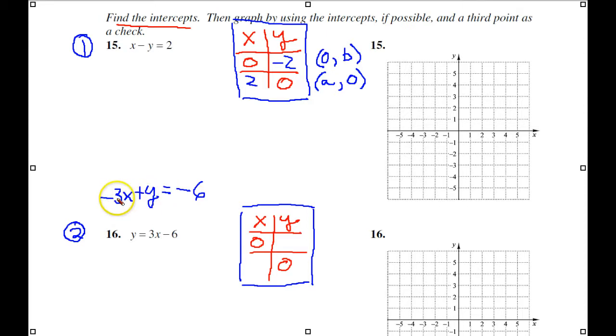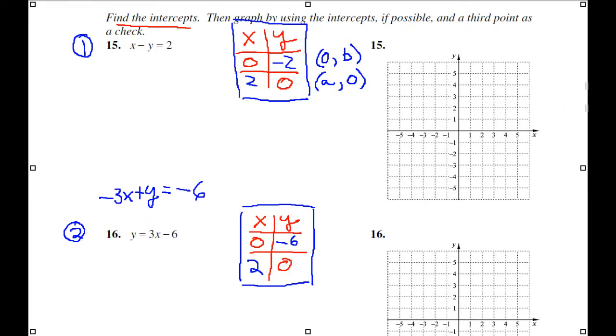Then when it's in standard form, it's very easy to use this chart. So if x is 0, then this becomes 0. Y is going to be -6. Now if y is 0, right here, this is 0. We're going to divide both sides by a -3. That gives me a 2 here. So now I have my x and y intercepts.